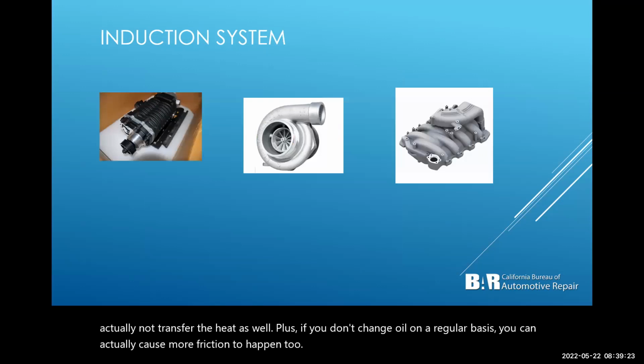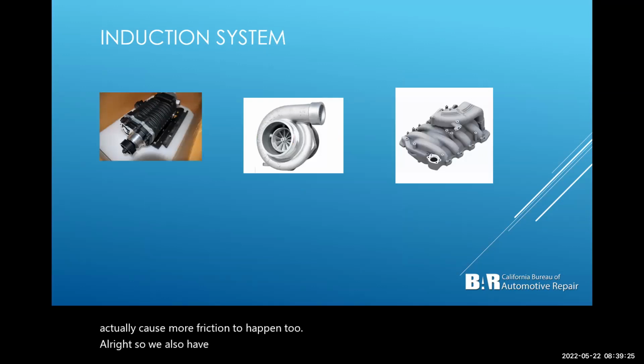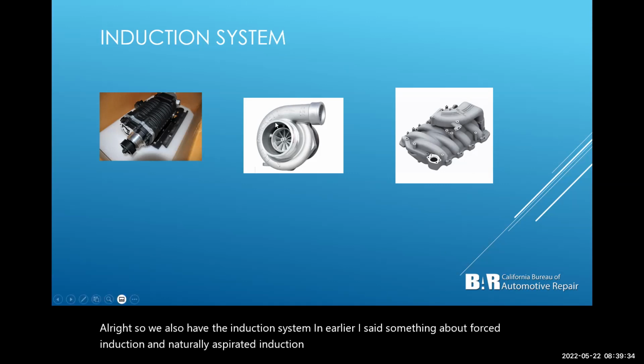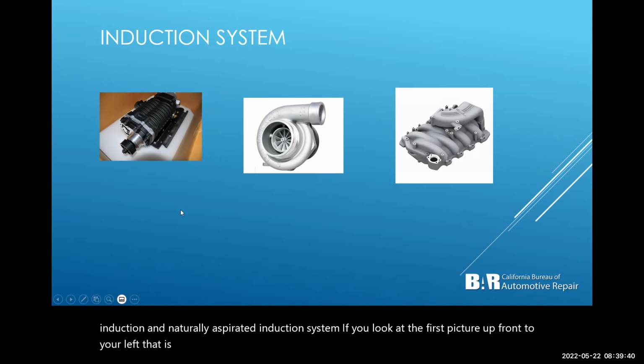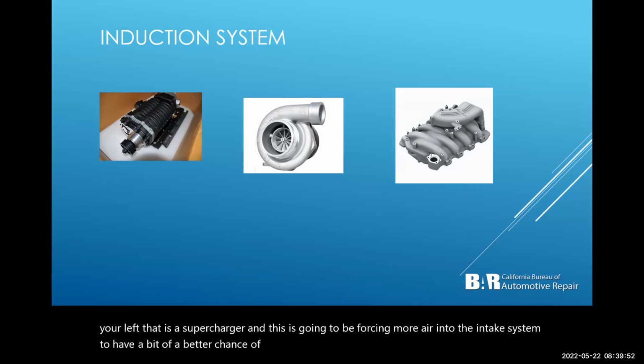All right, so we also have the induction system, and earlier I said something about forced induction and naturally aspirated induction systems. If you look at the first picture up front to your left, that is a supercharger, and this is going to be forcing more air into the intake system to have a better chance of more bang for the buck, you might say.